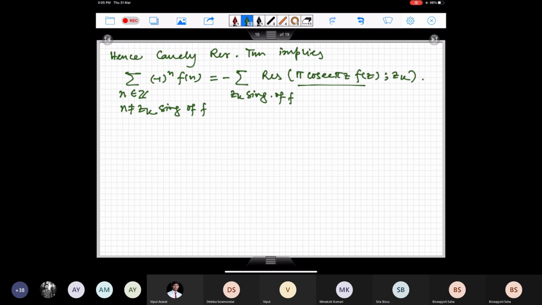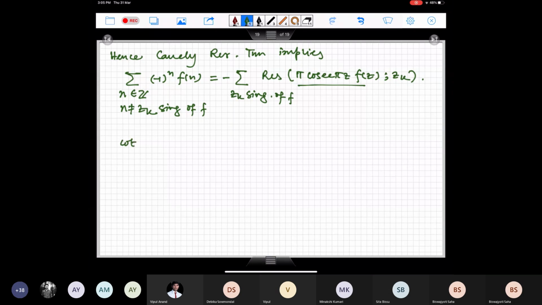For that purpose, it is important that you note down the Laurent expansion of cotangent and cosecant at z equal to 0. I do not quite remember now what the expansion is, but knowing that expansion helps.